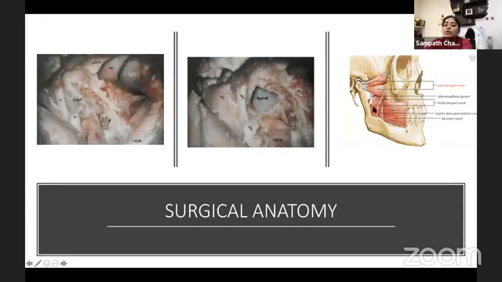So this medial pterygoid muscle gives a differentiation between the parapharyngeal space and the infratemporal fossa. When we cut this muscle, we will get access to the infratemporal fossa and the parapharyngeal space also.